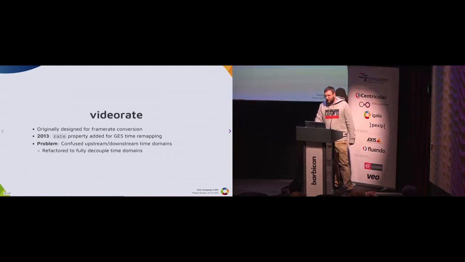So we finally had the time now to fix all that, and we properly decouple the time domains internally in videorate now, so that everything is correct and you can have real rate changing with videorate, and that also works with GES and any other places where you actually need to have time changing operations, right?